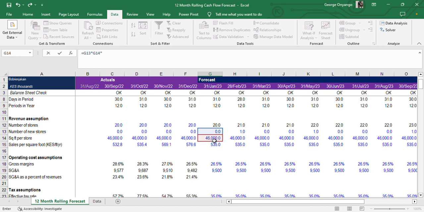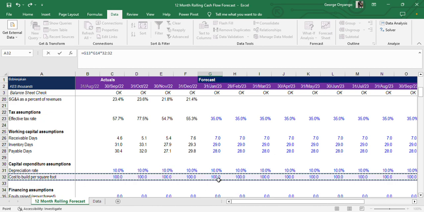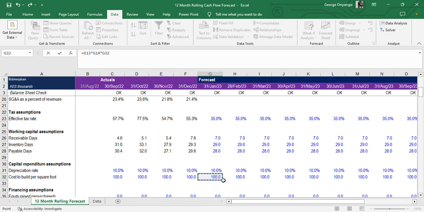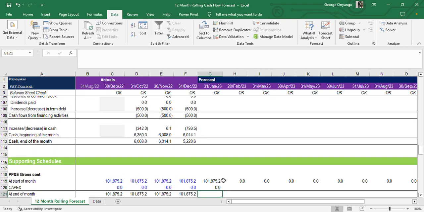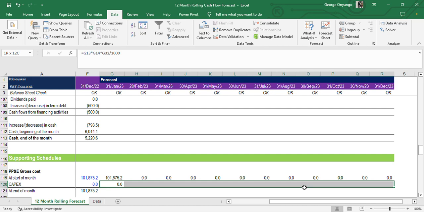Then we multiply that by the total cost to build a store. And remember, these values were in thousands, so we get that to be 0. If we fill that right, we are going to get the expenditure.